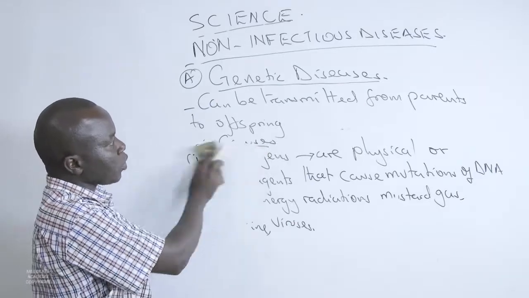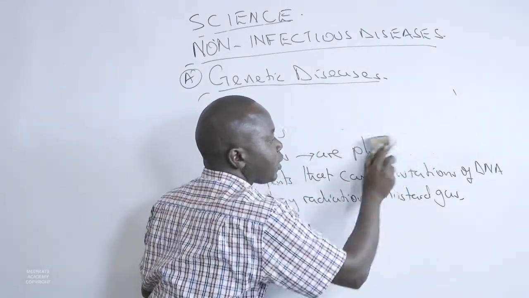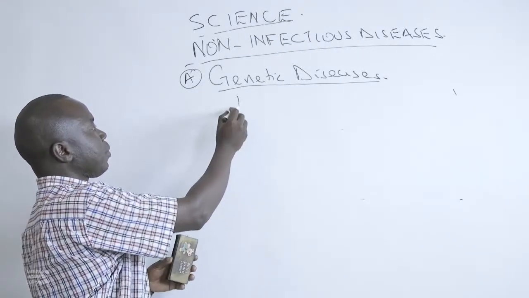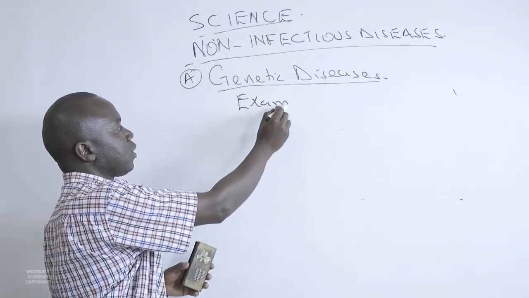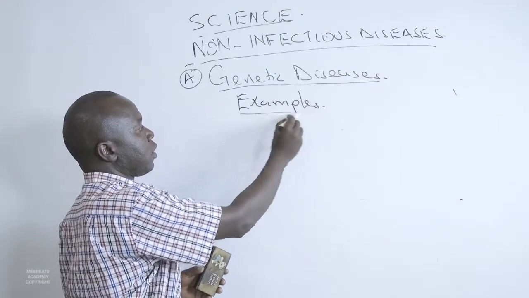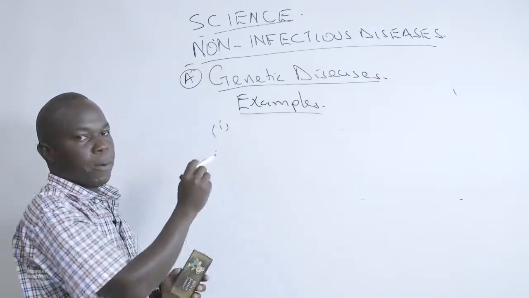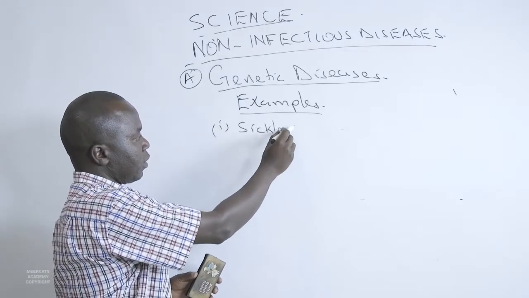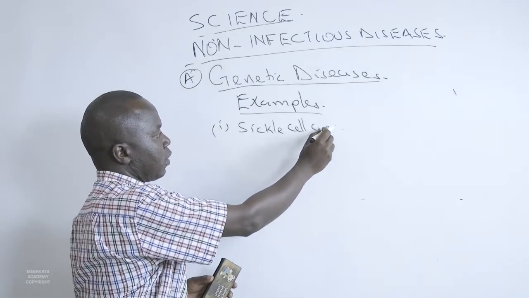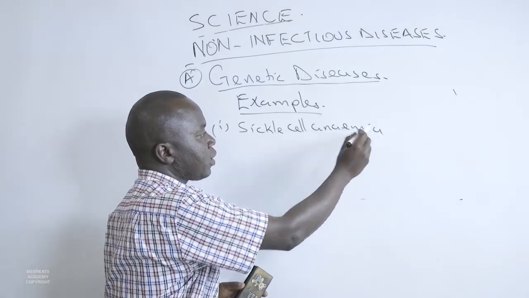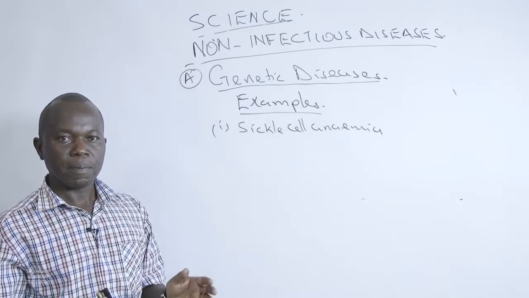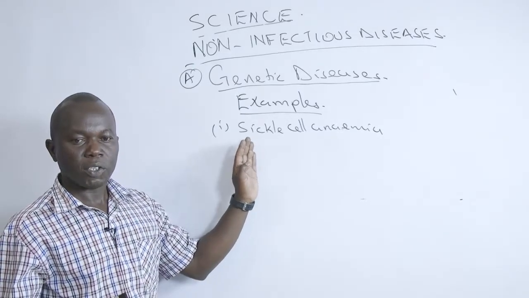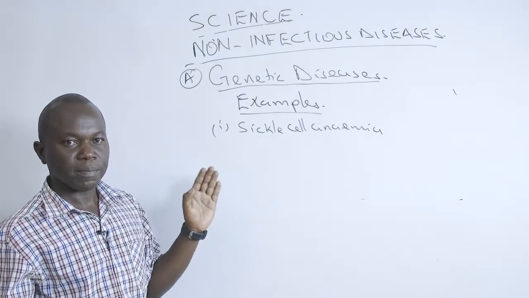So examples of genetic diseases include these. We have sickle cell anemia. Sickle cell anemia is a genetic disease. It is usually transmitted or caused by a recessive gene.